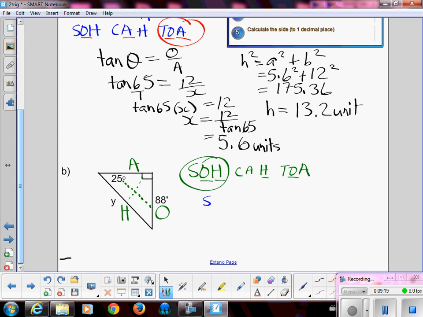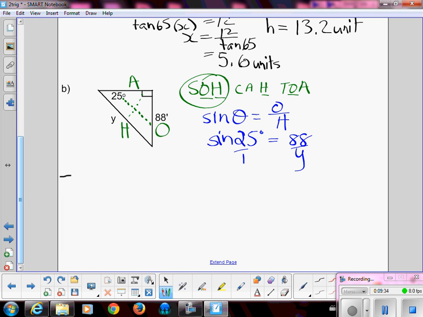So you can see right away we're going to use the sine ratio. Sine of theta equals opposite over hypotenuse. So we have sine of 25 equals 88 over our y. Again, we're going to cross multiply and divide. So that would be y sine of 25 equals 1 times 88. Divide both sides by sine of 25.